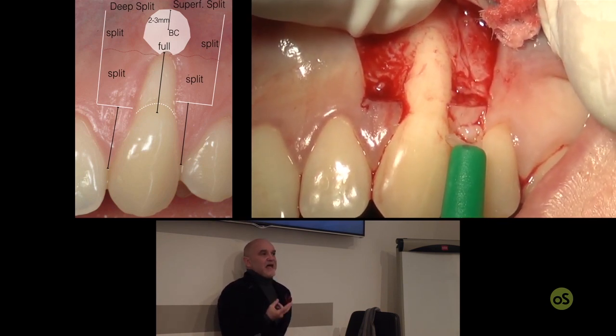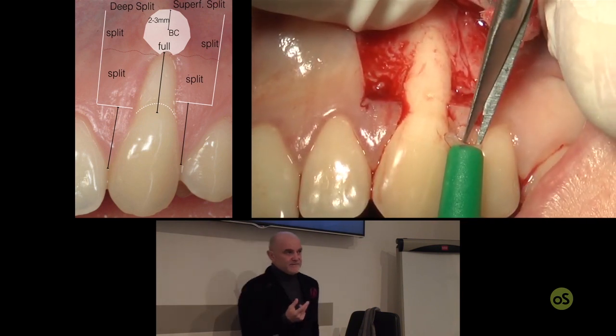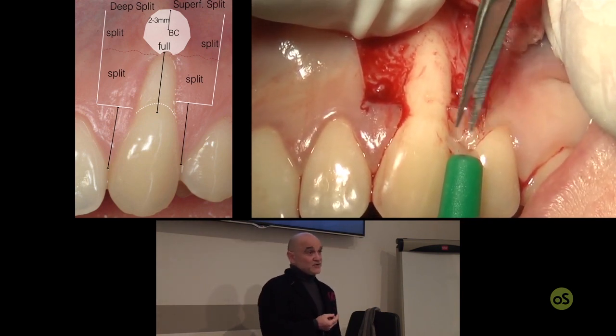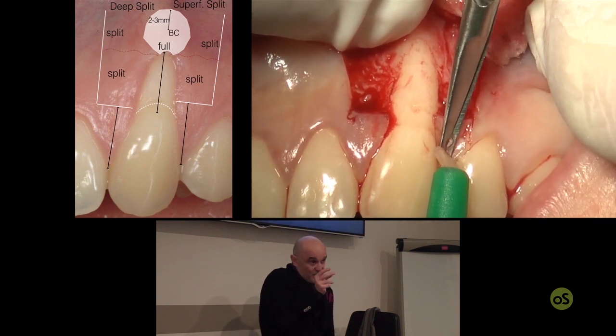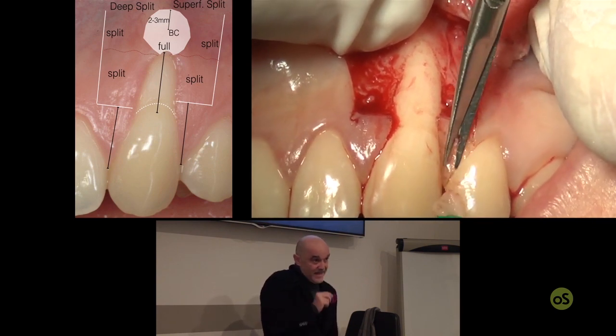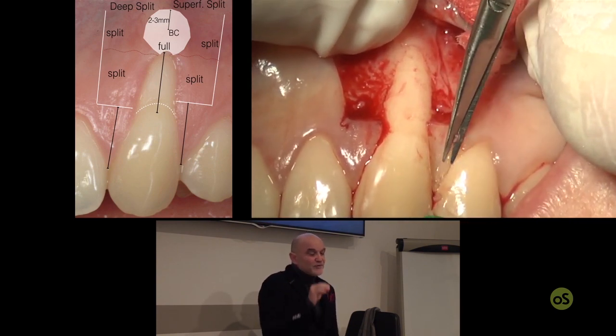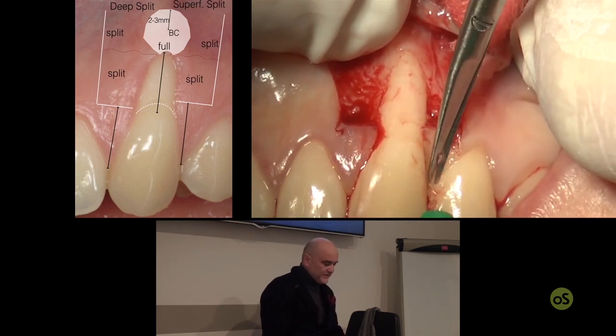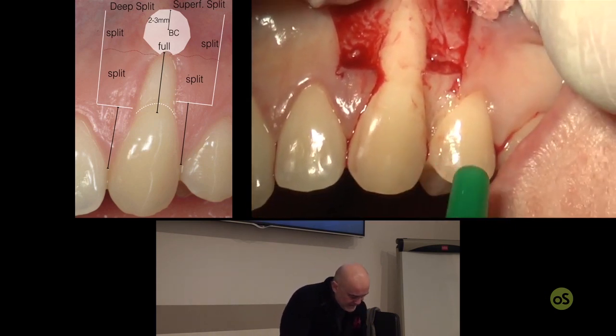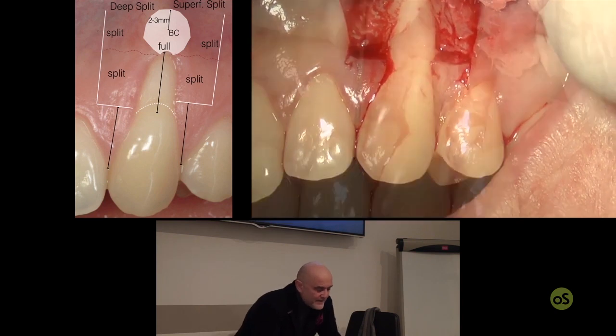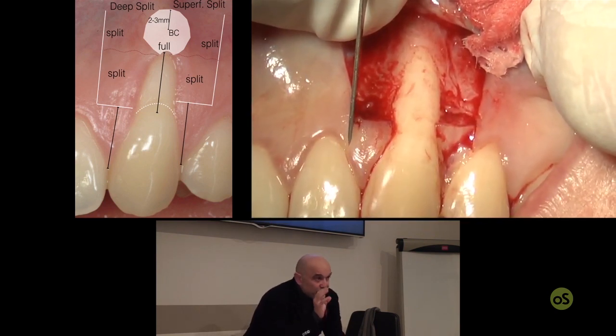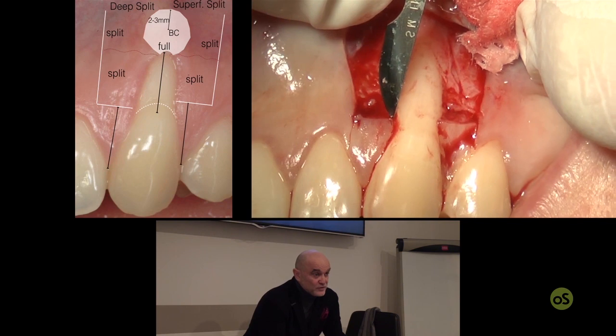Now it's time to change the instrument and use the microsurgical scissors to cut between the epithelium and the connective tissue to reach the most coronal tip of the papilla, which can be desepithelialized very well by the most recent type of microsurgical scissors.